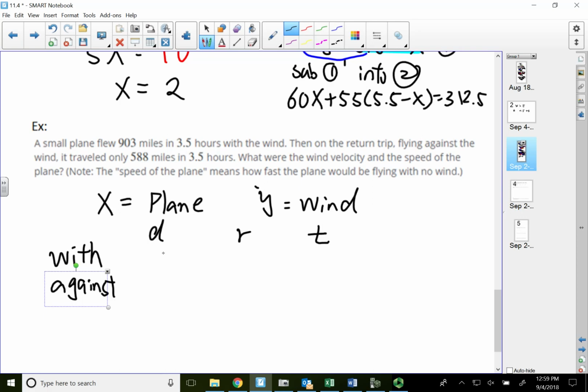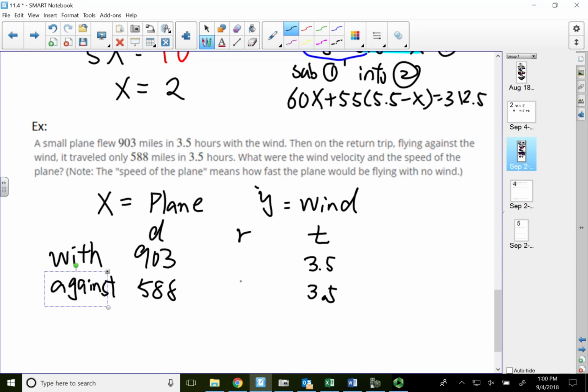The distance for flying with the wind is 903. Against the wind is 588. Let's do time first. The time for with the wind or against the wind is 3.5 hours.